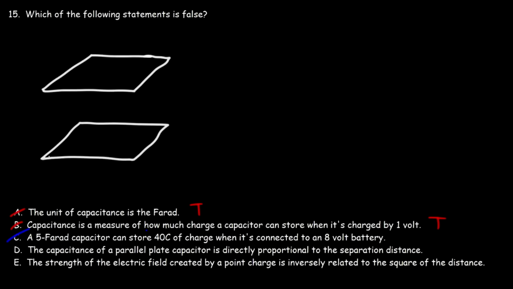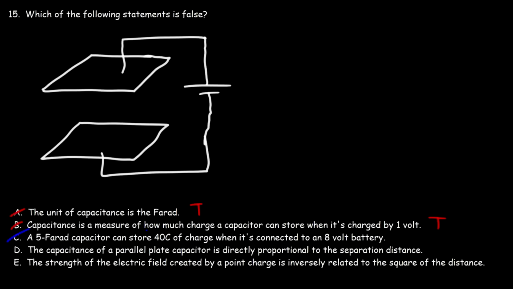It's basically two metal plates separated by distance and attached to a battery. A is the area of the capacitor, and D is the separation distance.